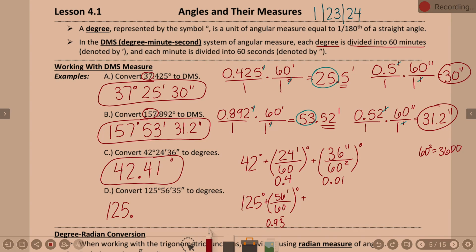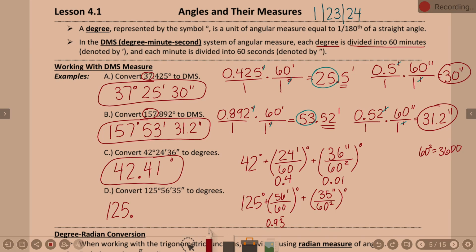And this is where the calculator comes in handy, doesn't it? Because adding these pieces, right now I'm at 125.93 repeating. But we need the 35 seconds. What are you doing with the 35 seconds? You're dividing by 3,600 or 60 squared.